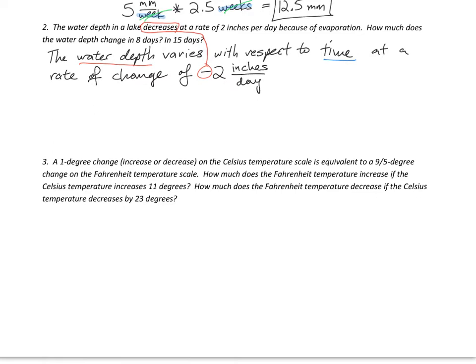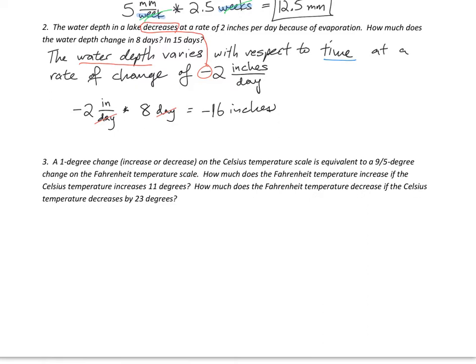So if we multiply the rate times the change in the independent variable, again, the days here will cancel, leaving us with negative 16 inches, which means the depth of the water will decrease by 16 inches.